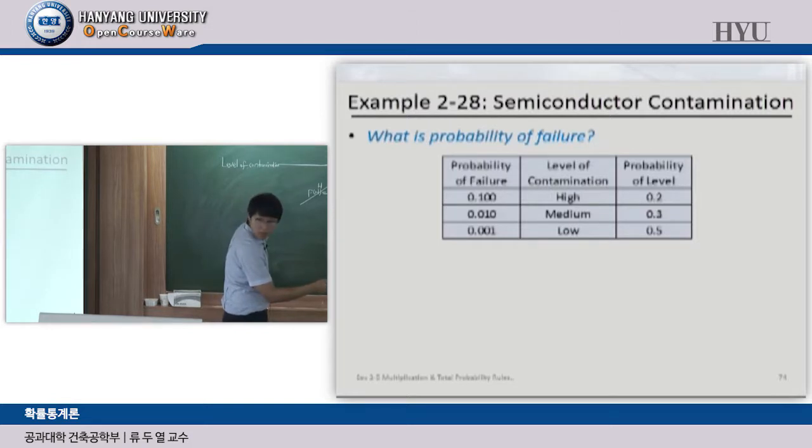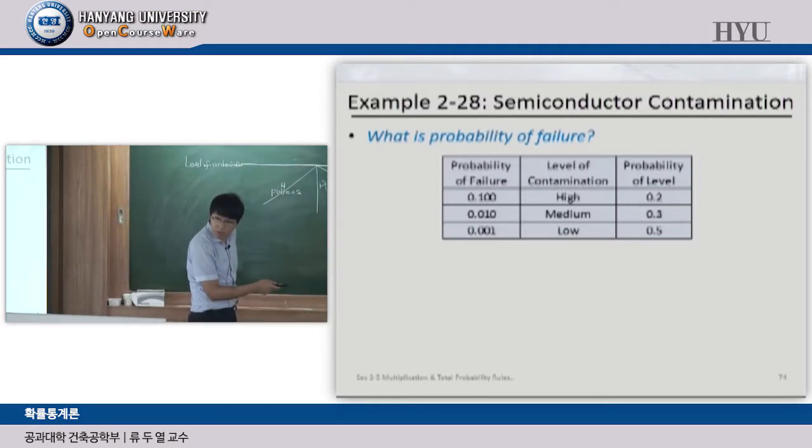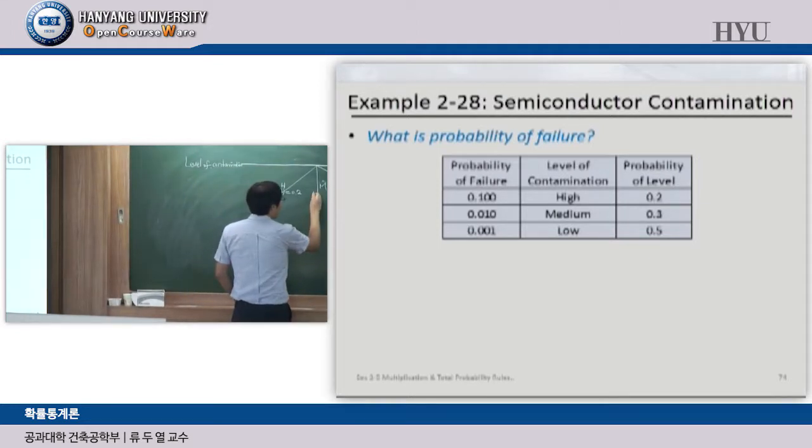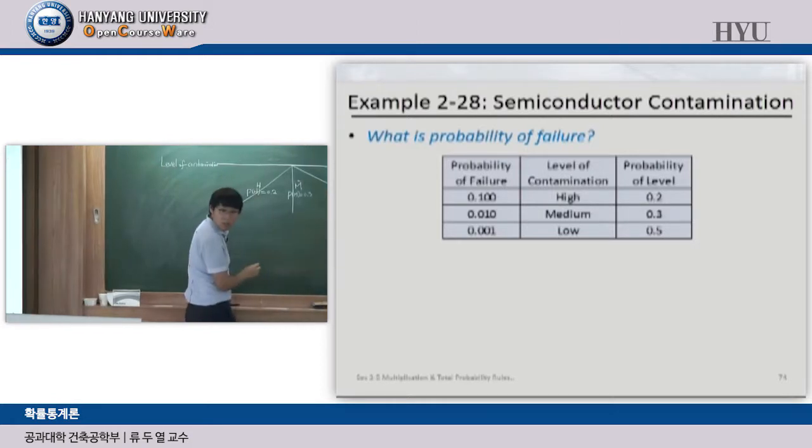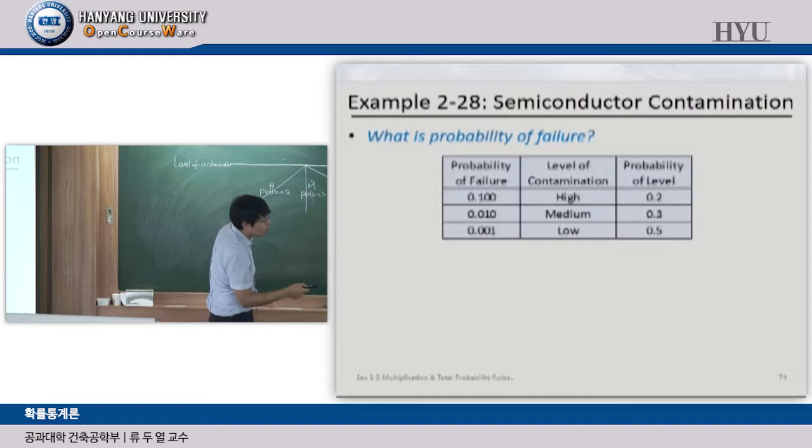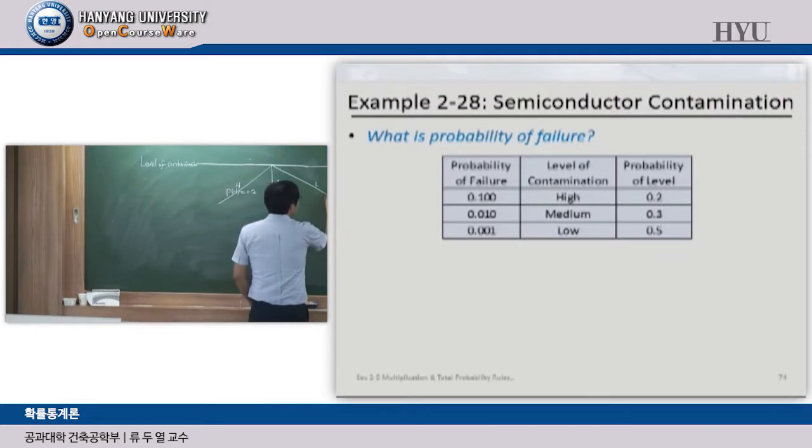From this table, okay? And the probability of medium level of contamination is 0.3. That is, the probability of M equals 0.3, okay? And the probability of low level of contamination is 0.5. So the probability of L equals 0.5.